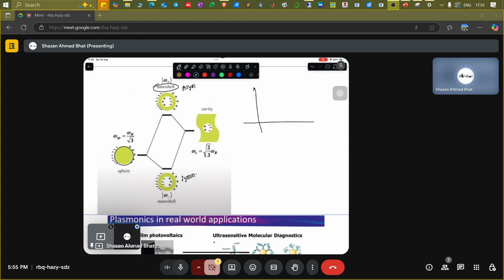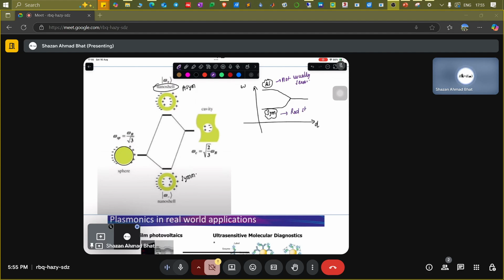If you draw the frequency versus the diameter of these shells, as you go on reducing the diameter, you can have either the antisymmetric mode or the symmetric mode. The antisymmetric has the larger frequency, the larger energy. Symmetric has the lower energy. The antisymmetric is usually not seen, and the symmetric is usually what is obtained.